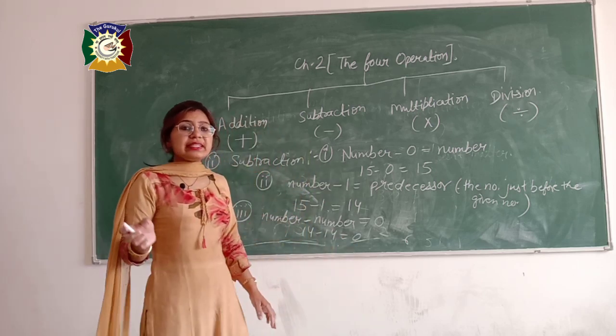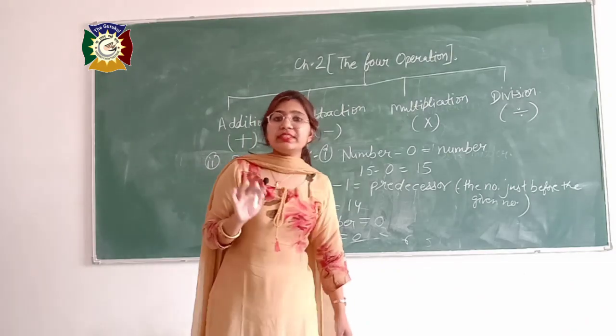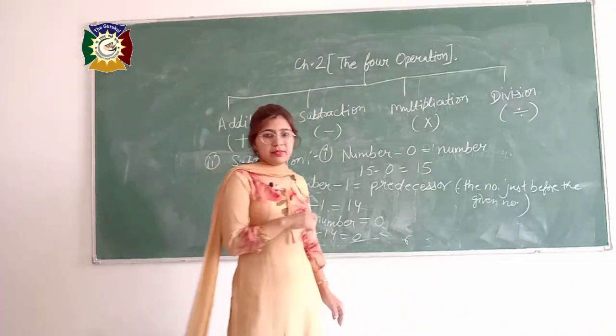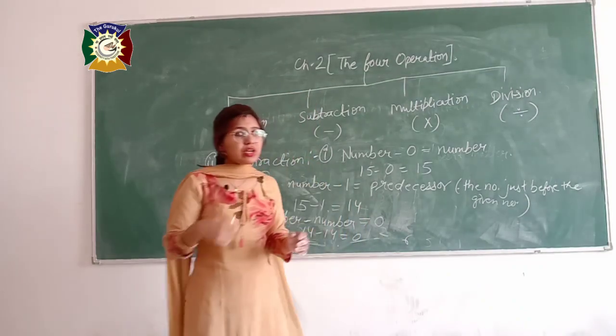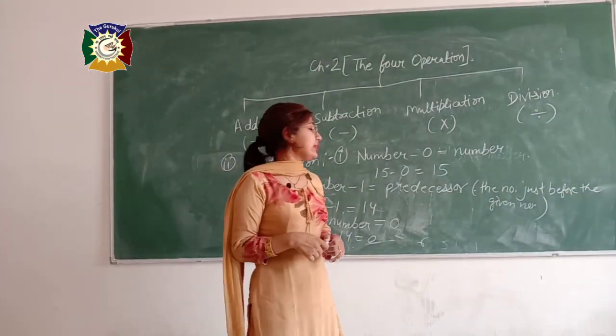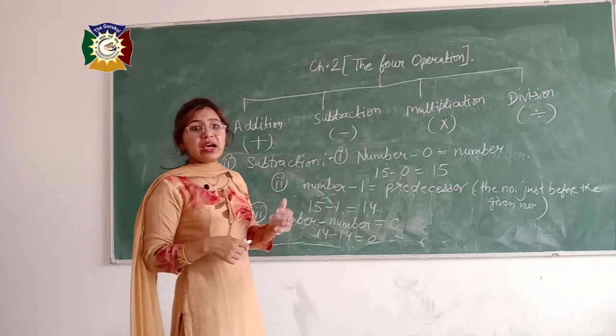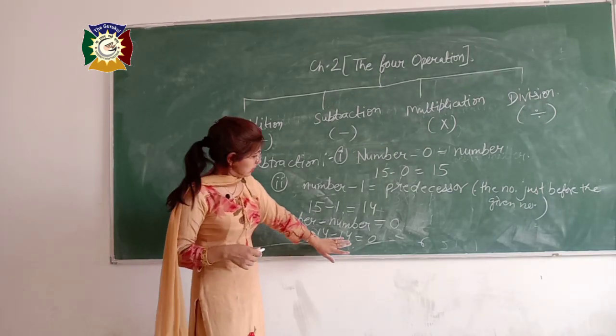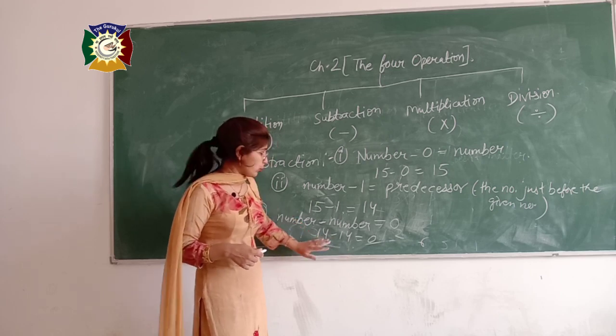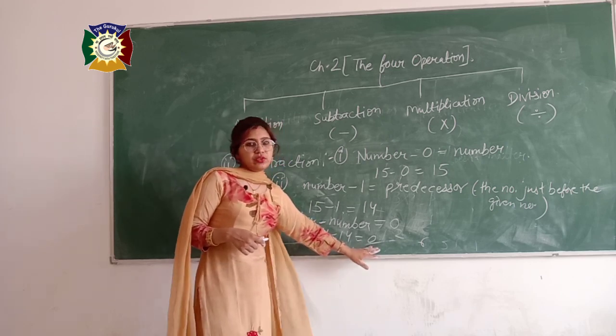You can consider an example. You go to market with 14 rupees and you buy an ice cream of 14 rupees. When you come back and I ask you how many rupees you have, you will say I have 0 rupees, because you had a total of 14 and you spent 14 rupees. So what is left with you? That is 0. Got it?